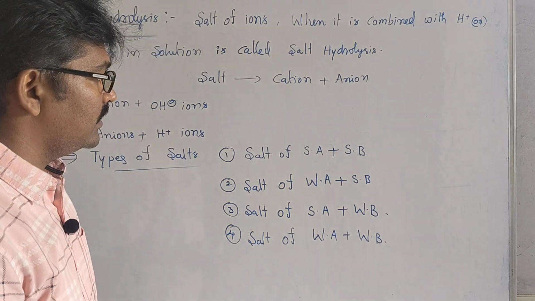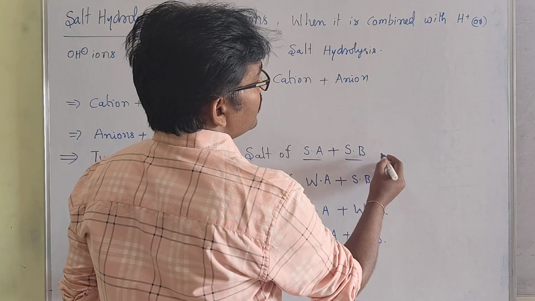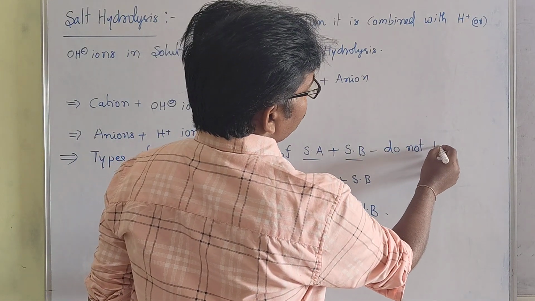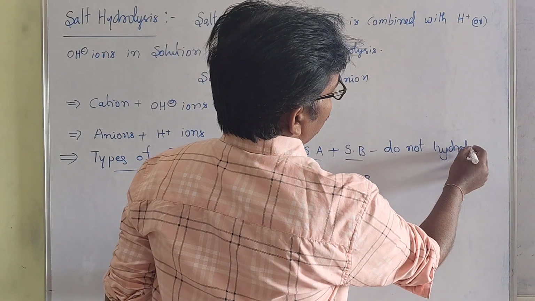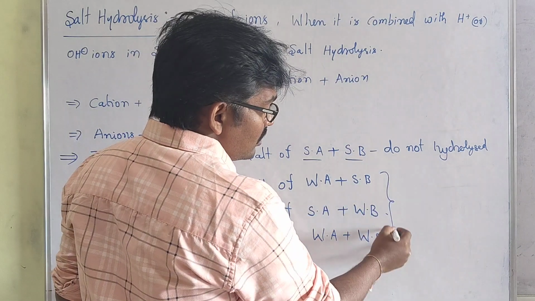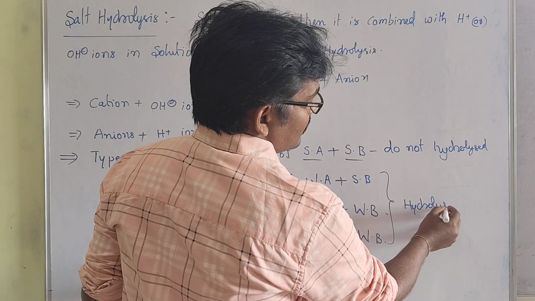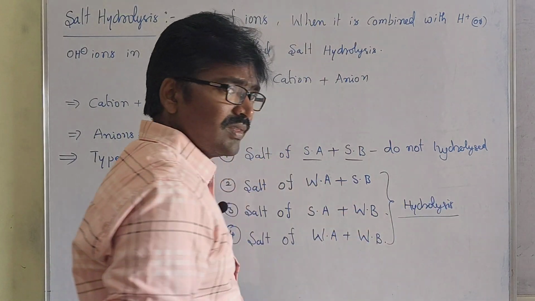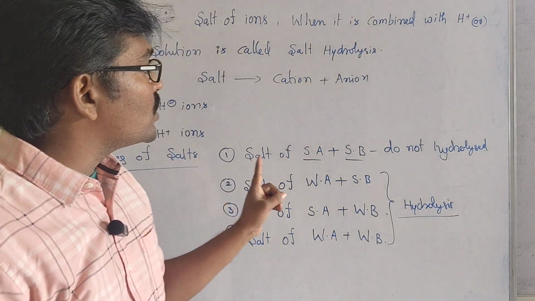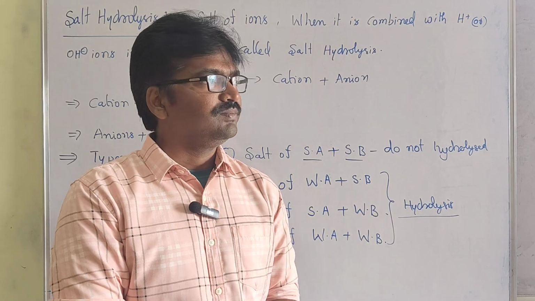In that, the first salt, the salt of a strong acid and a strong base, does not hydrolyze. The remaining 3 salts will be hydrolyzed, so hydrolysis takes place. The above one won't hydrolyze. Why the salt of a strong acid and a strong base does not hydrolyze, that we have to discuss first.